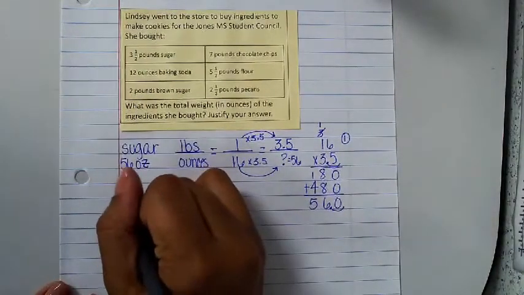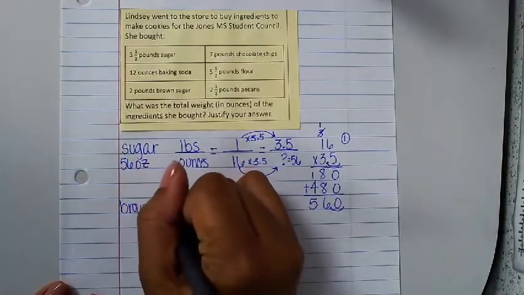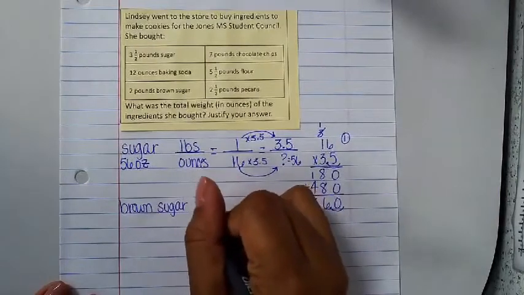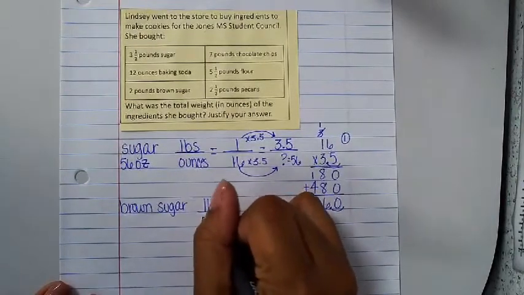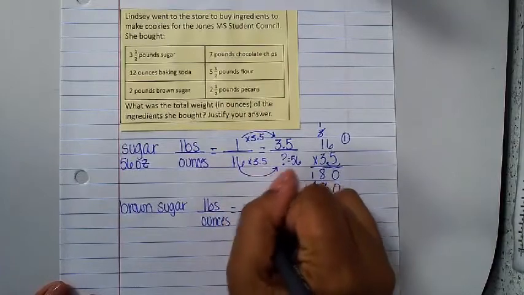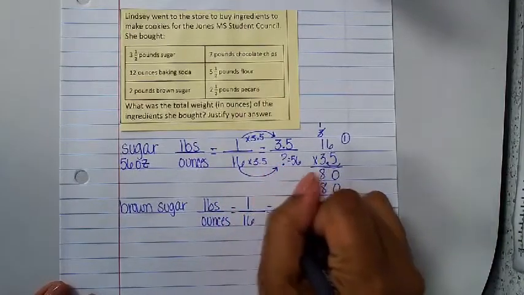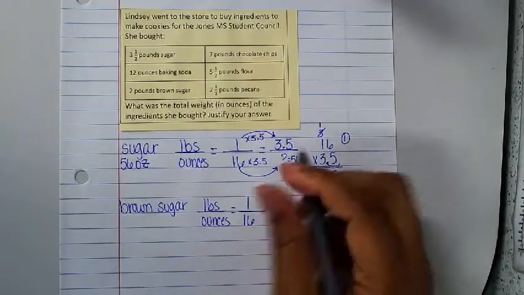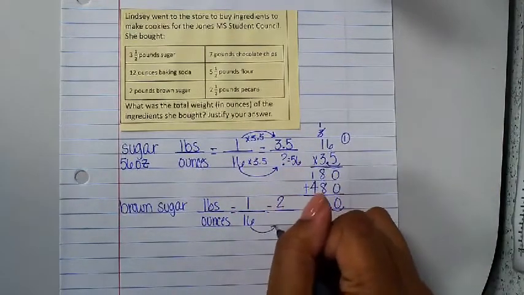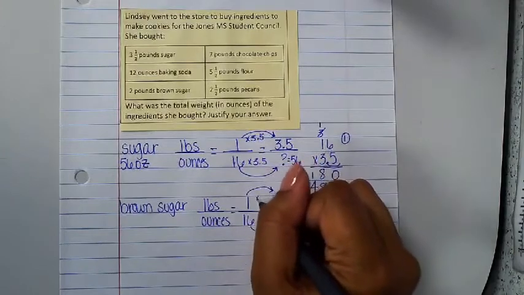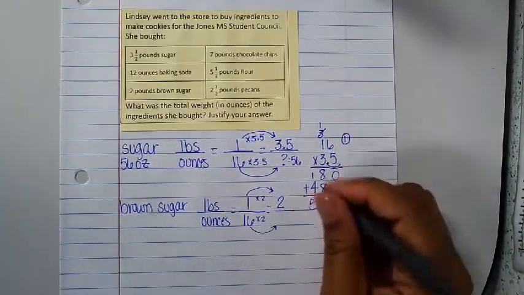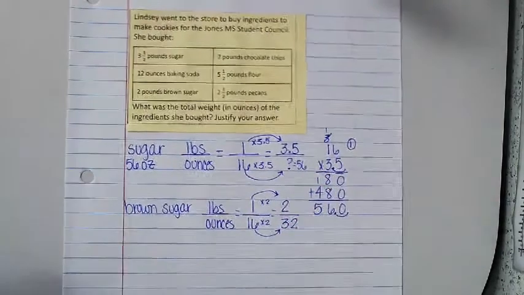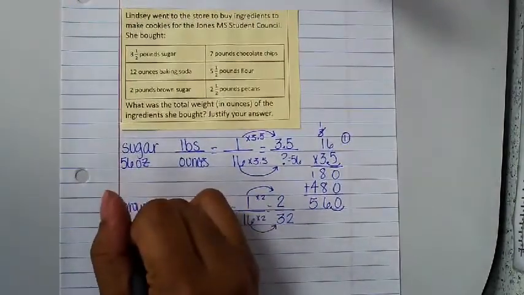So brown sugar, we're comparing pounds to ounces. 1 pound is 16 ounces, and then they give us 2 pounds of brown sugar. I go from what I know to what I don't know. Times 2, times 2. 16 times 2 is 32. So brown sugar is 32 ounces.